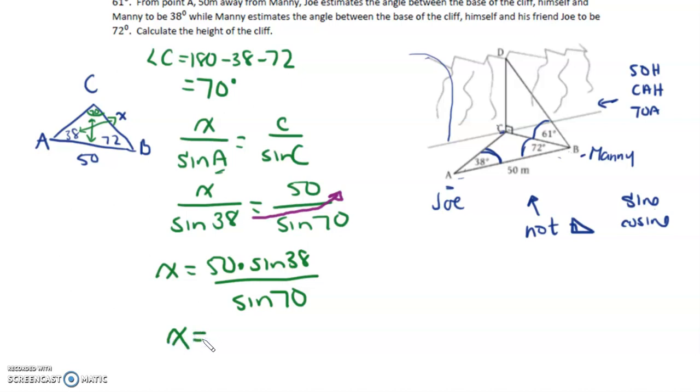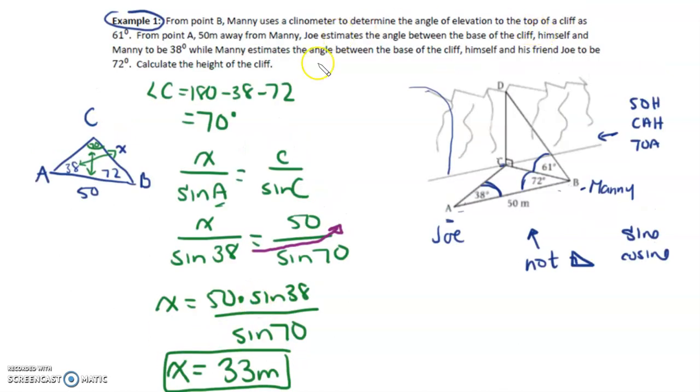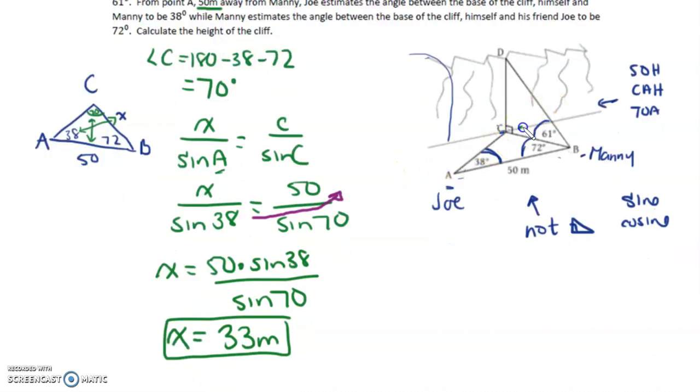I can put this entire thing into my calculator, and I get 32.7, 32.8. So let's round to 33. I'm assuming meters. I'll just double check. Yep, 33 meters. So now we have 33 here.